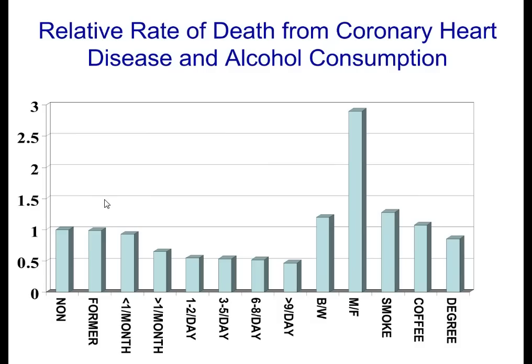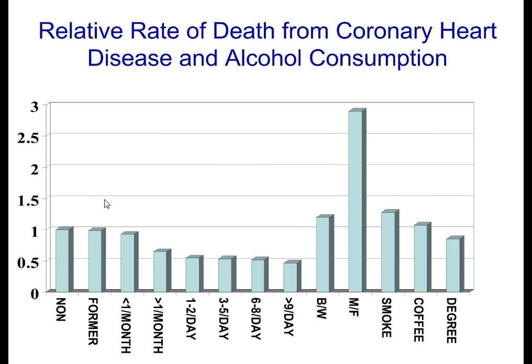This is the rate of death from coronary heart disease and alcohol consumption. So what can you tell me? You have a non-drinker on the left, the next one's a former drinker, then we go all the way over to greater, that's a V, that's a greater than 9 drinks a day. We have black versus white, male versus female, smoke, coffee, or have a college degree.